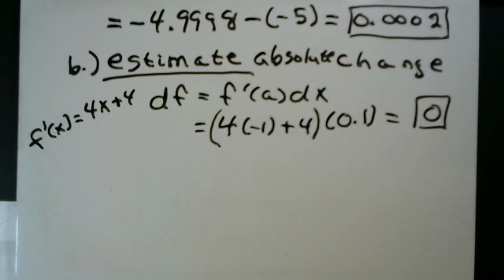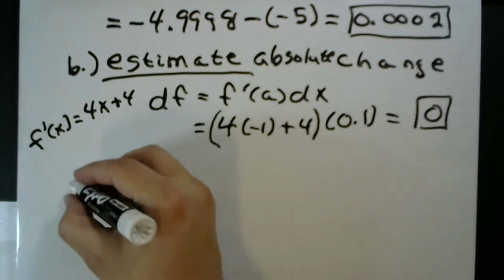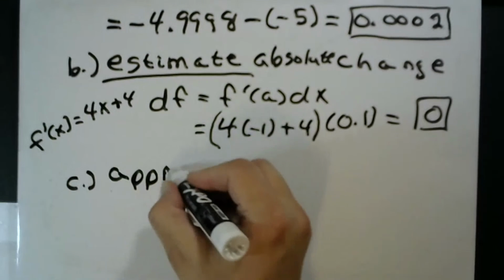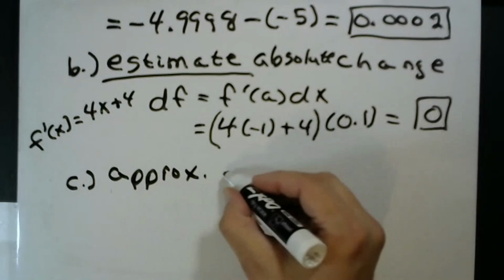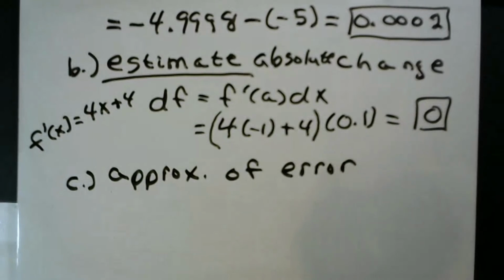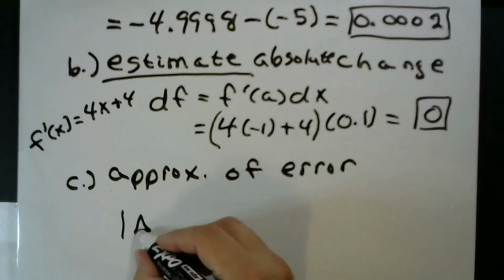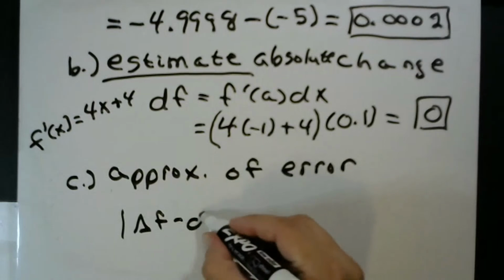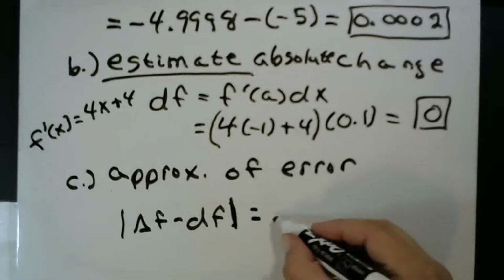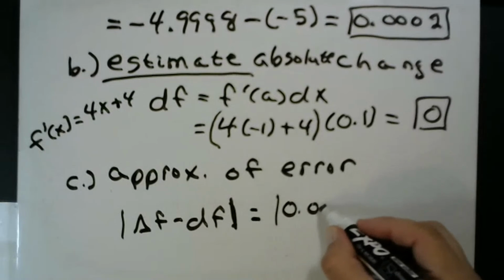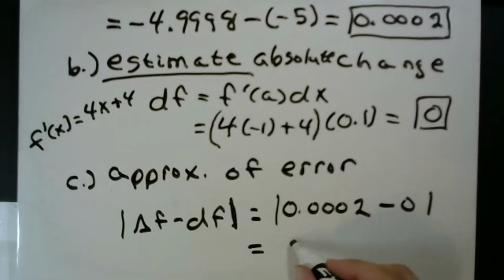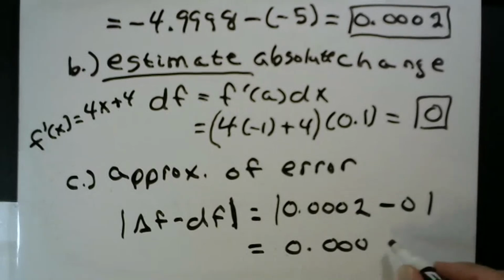Now let's take a look at the error. So the approximation error, that's delta F minus our approximation, or 0.0002 minus 0, or 0.0002.